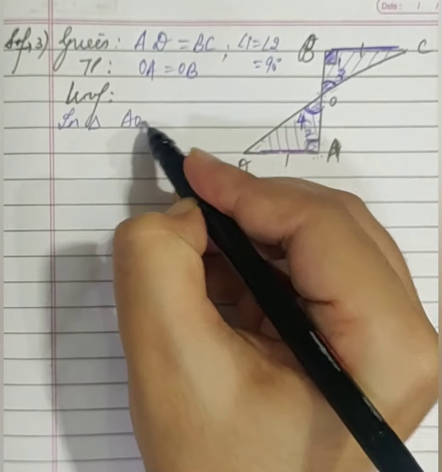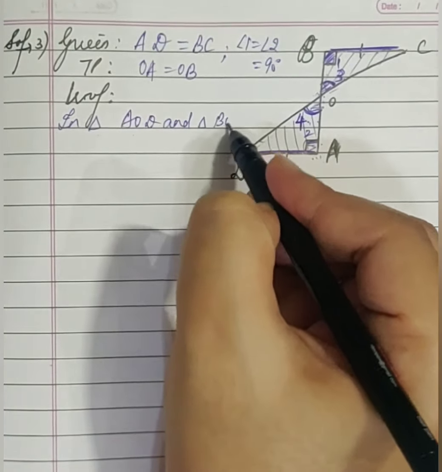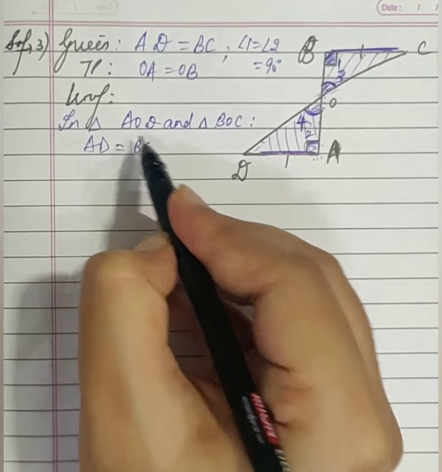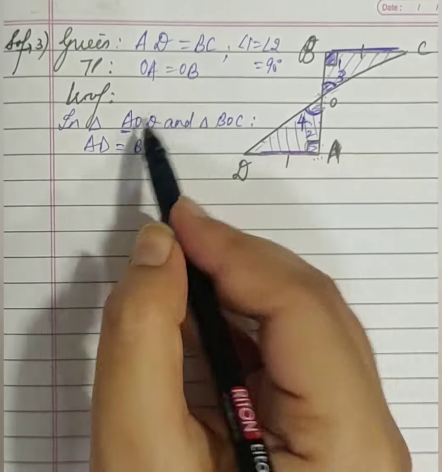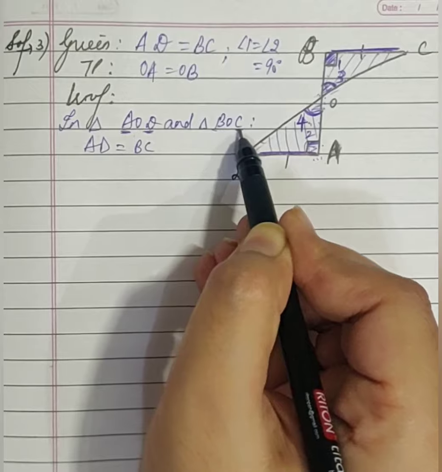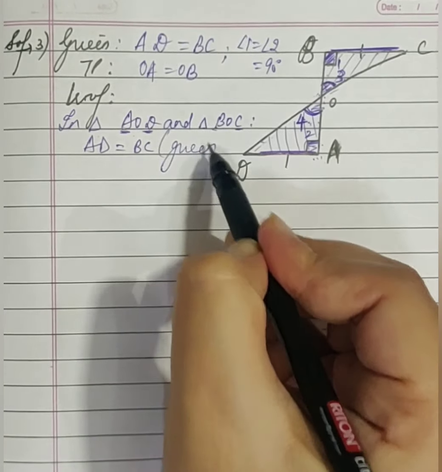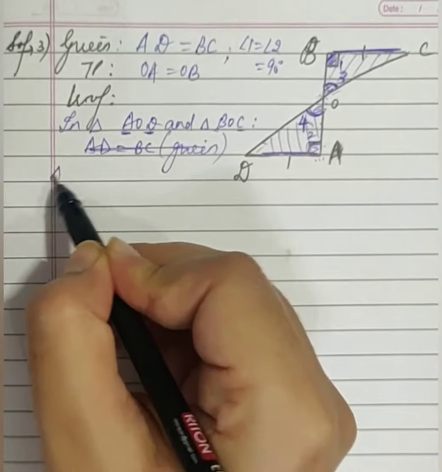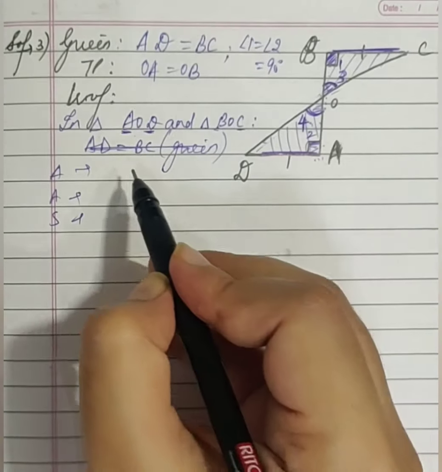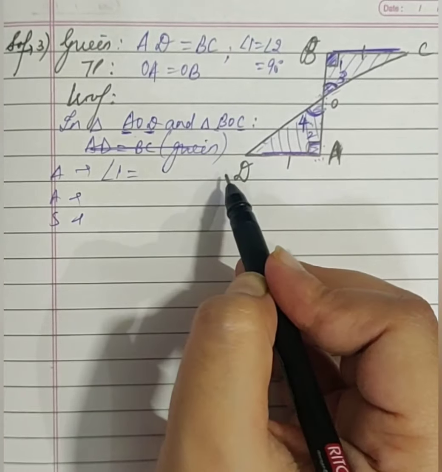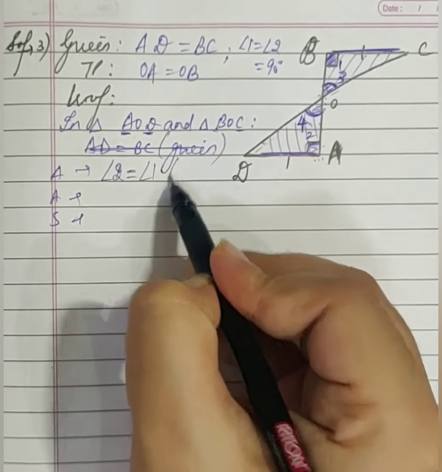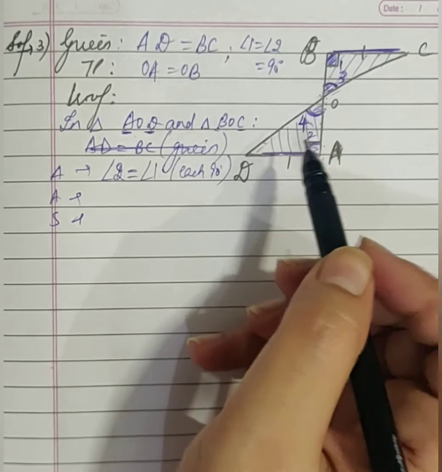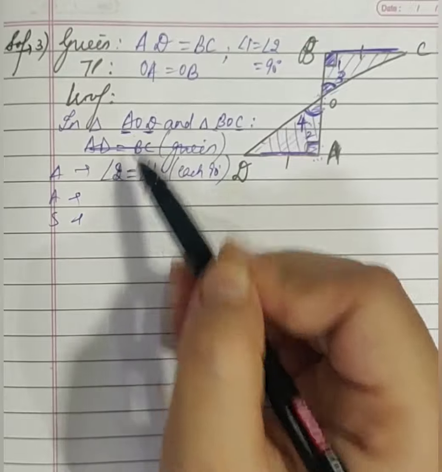So in triangle AOD and BOC, AD is equal to BC. See, I'll keep these correspondence here also. This is AD, so I'll write BC, not CD. Reason is given. Or I can start with angle. I know angle side would be used, so I can start with the condition of angle only. Angle 1 is equal to angle 2, each 90. If I would have written angle 1 is equal to angle 2, that was not accurate because I have to take condition of AOD first.